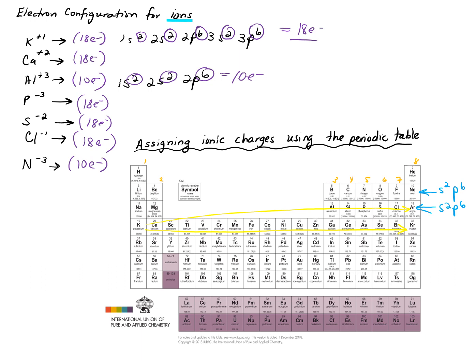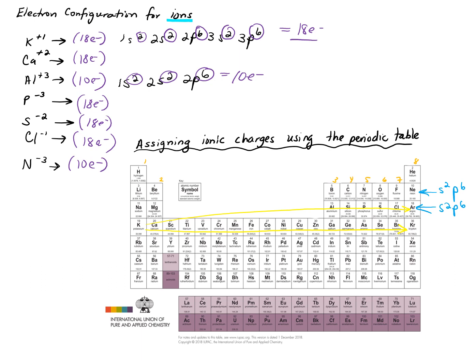For potassium to have the same electron configuration as neon, it will have to lose 9 electrons to go from 19 down to 10. For potassium to have the same electron configuration as krypton, it will have to go from 19 all the way to 36, so it will have to gain 17 electrons.